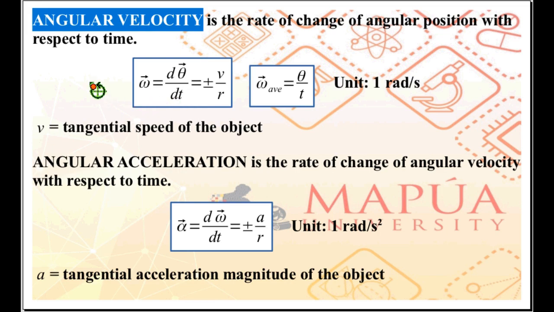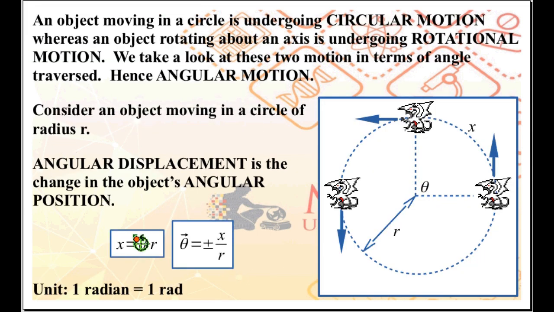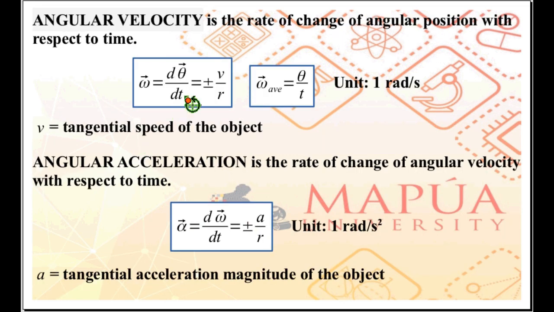If we use the equation for theta, theta equal to plus-minus x over r, and differentiate this with respect to time, we get plus-minus v over r, where v, the speed of the object as it moves in the circle, is the tangential speed of the object.